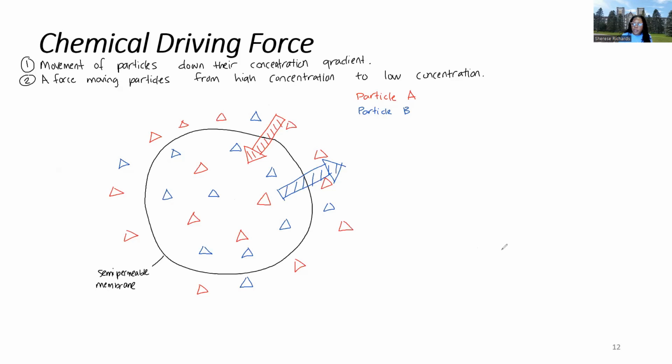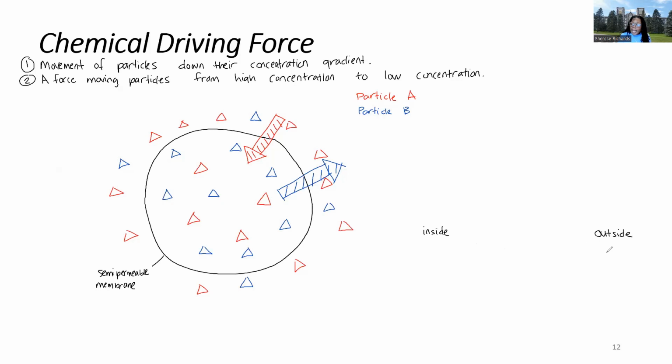And if we think about drawing what that looks like, we want to remind ourselves that particle A is moving down its concentration gradient. So here's the outside of the cell. Let's draw this. Here's the outside of the cell, right? Here's the inside of the cell.